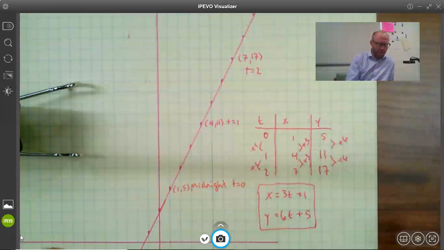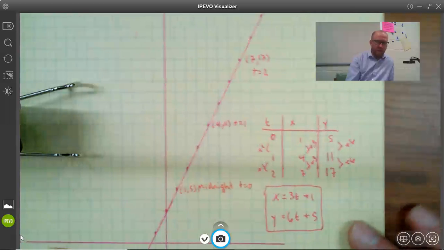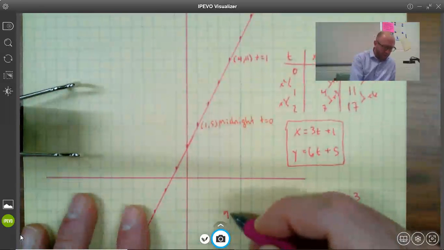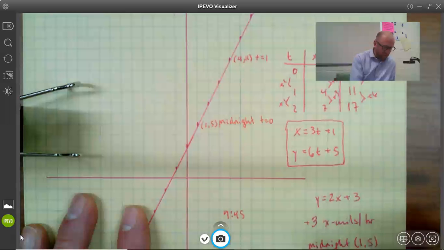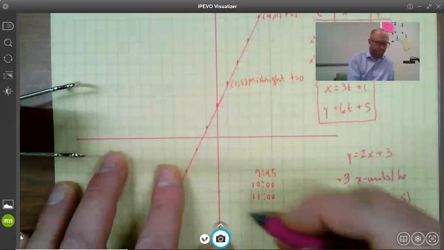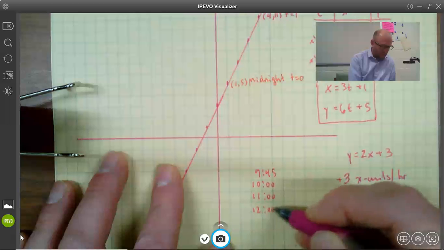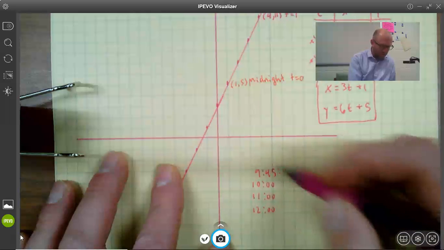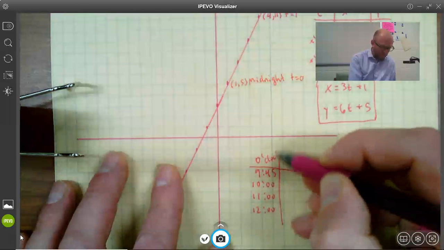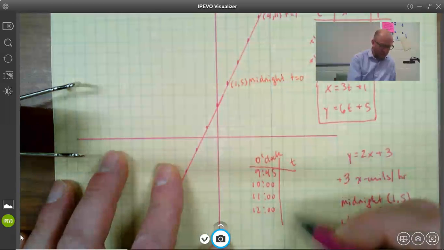We were asked to find where she was at 9:45. Let's think about this: 9:45, 10 o'clock, 11 o'clock, midnight, and this is our t value.